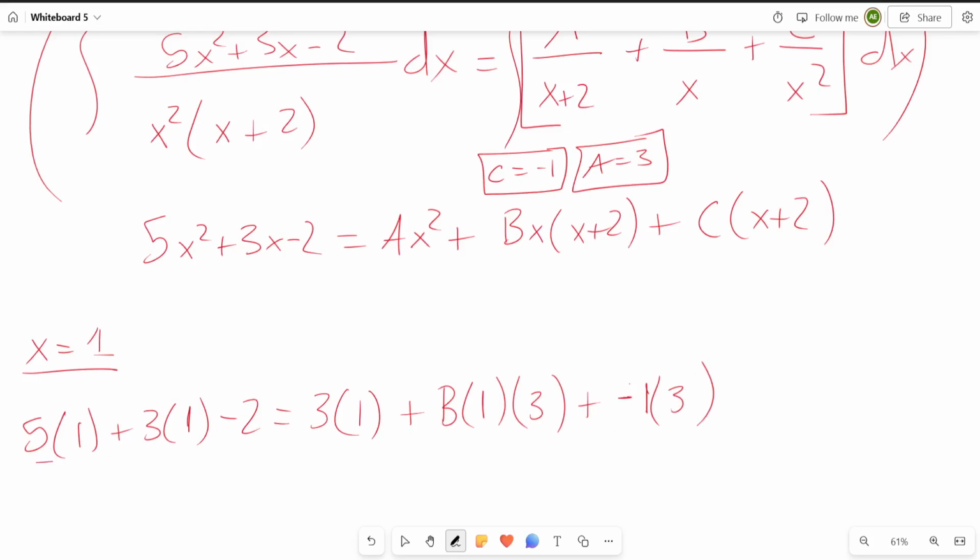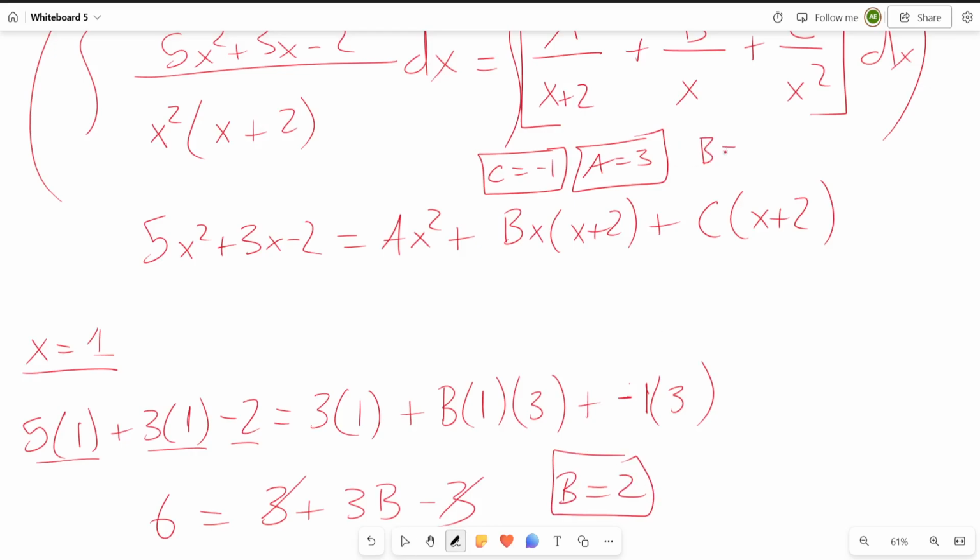So I have over here 5 plus 3, that is 8. 8 minus 2 is 6, equals 3 plus 3b minus 3. So this 3 and this 3 will cancel. I'll divide 3 both sides. So this is going to give me a b value of 2. So now I have b equals 2.